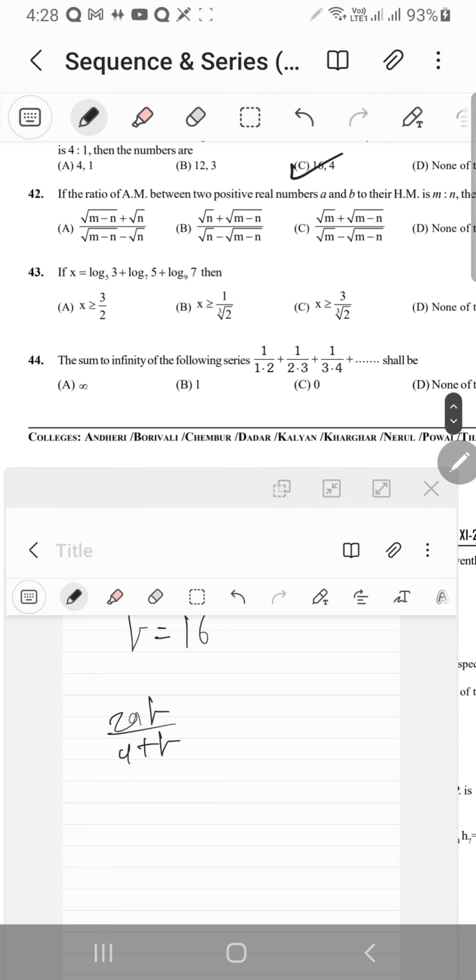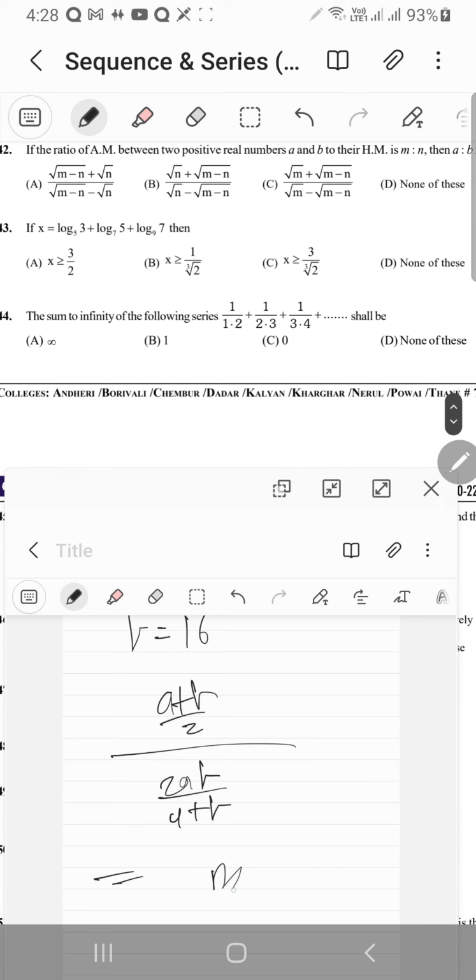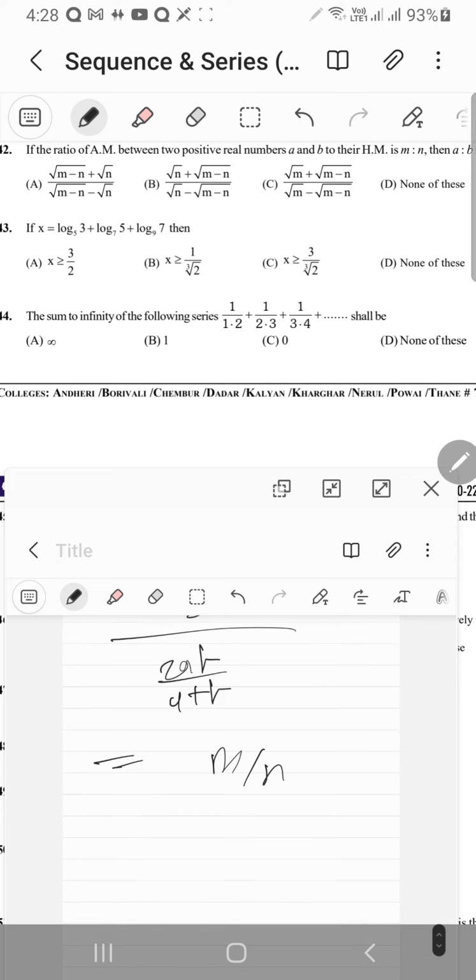AM is to HM, right? AM is just (a plus b) upon 2. So the ratio of these two numbers, that thing is m upon n. And what does that mean? That means (a plus b) squared upon 4ab, that thing is m upon n.